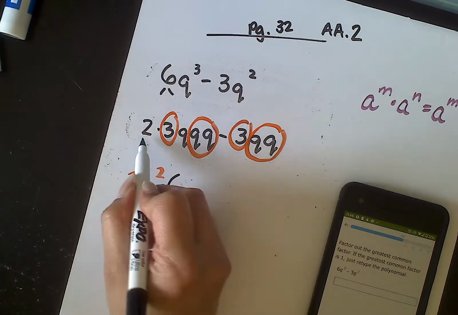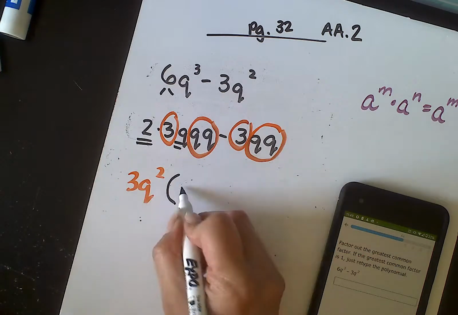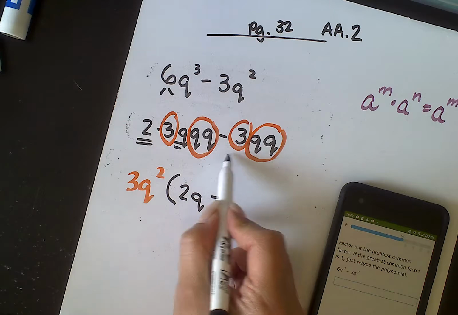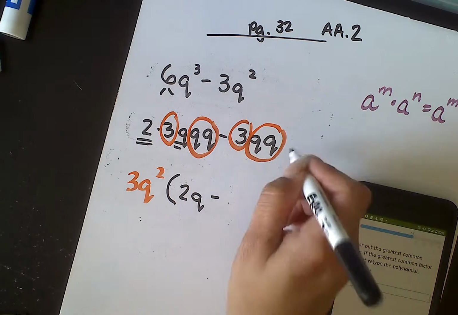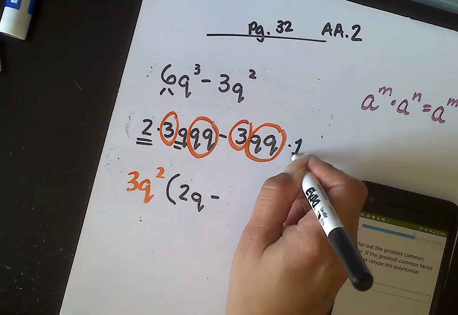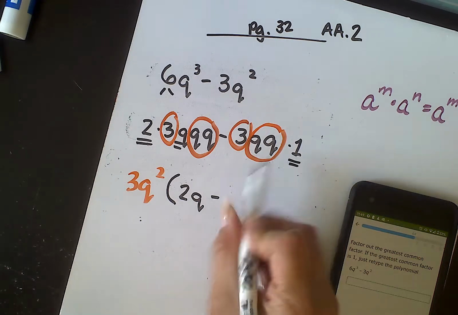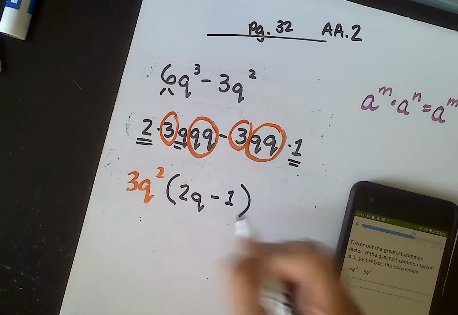Now, in this case, I have 2q left, but I have nothing remaining over here. Technically, if I put times 1, I haven't changed anything. So it would be minus 1.